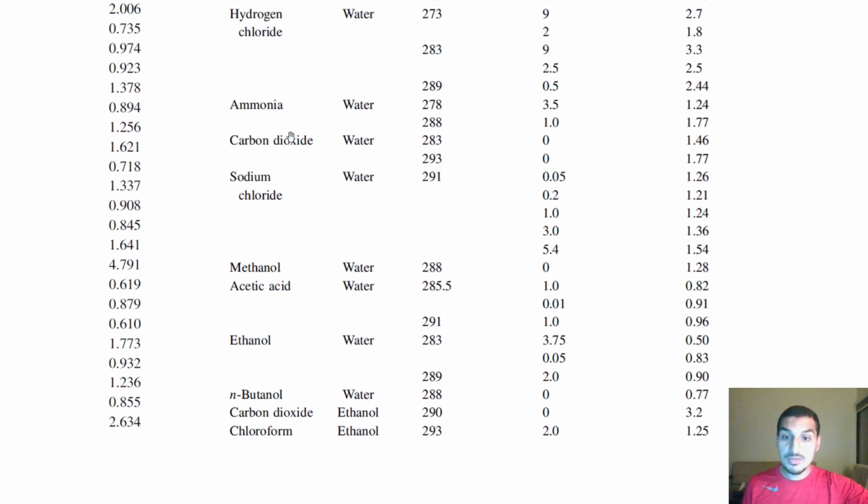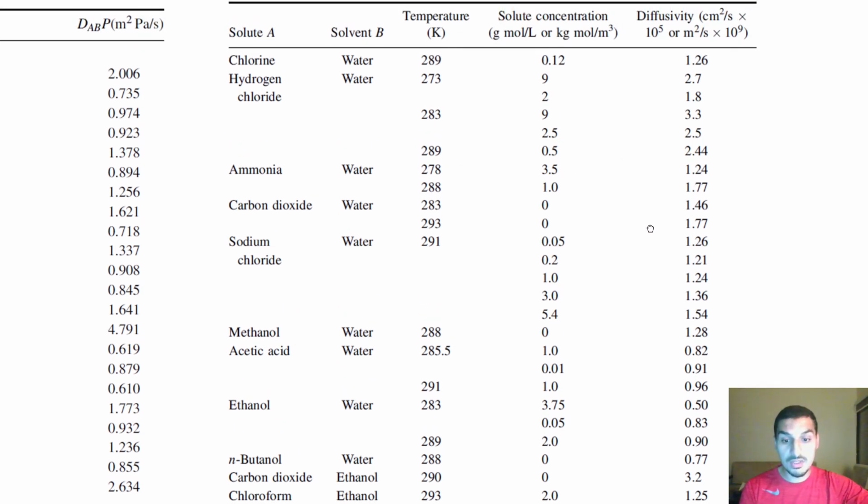You can see carbon dioxide here in water, and here you can see carbon dioxide in ethanol, and you'd see there is a totally different value. It's 3.2, and here in water it's around 1 point something. So there is a great difference between this case and this case, just because the medium is changing. One other thing here that we can notice is that, for instance, I have sodium chloride in water.